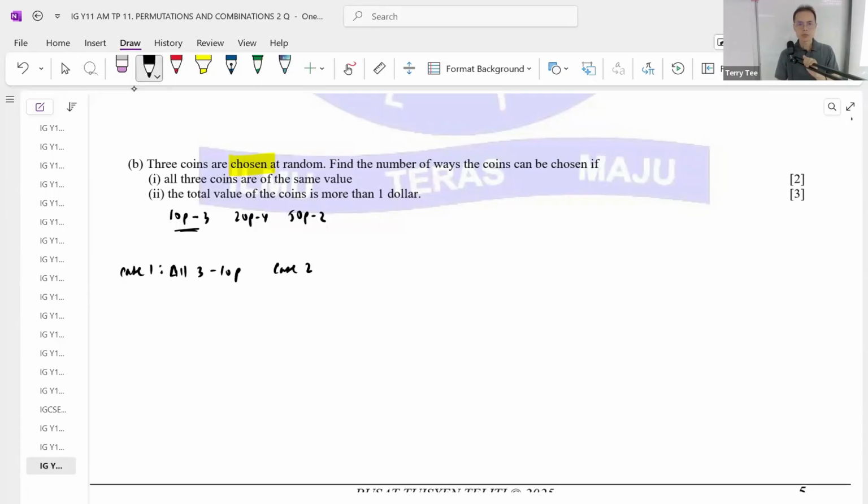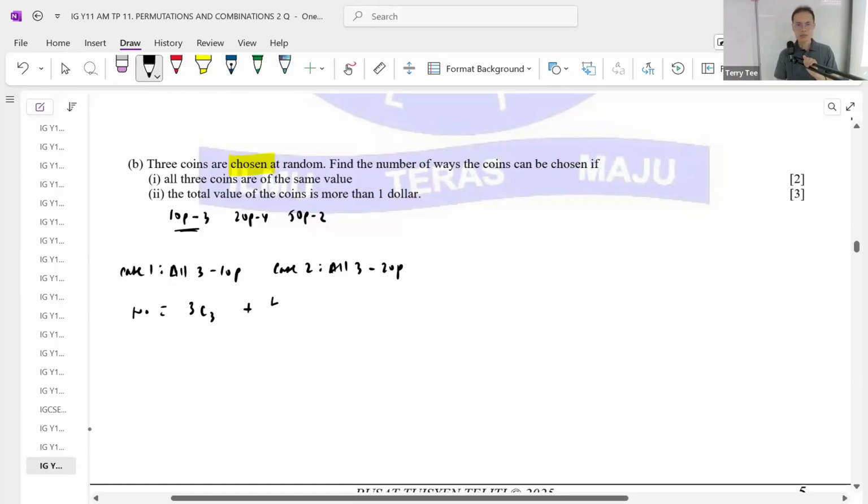Case number 2, all 3 are 20 pence. So all 3 10 pence means I choose all 3. All 3 20 pence, there are 4 of them, so I choose any 3. What is 3C3? 1. What is 4C3? 4. Answer is 5.